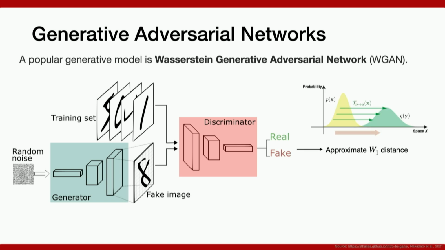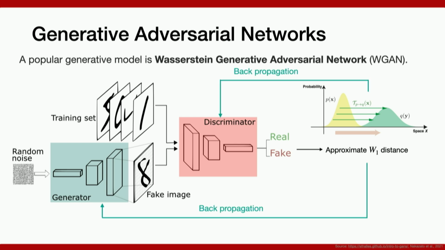So using this score, we can approximate something called the one-Wasserstein distance, which is defined as the minimum transport cost necessary to move probability mass from the generative distribution, so the synthetic distribution, to the real data distribution. With the approximate one-Wasserstein distance, we can then perform backpropagation with respect to the generator and discriminator.